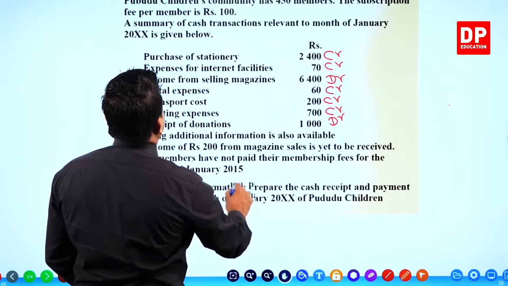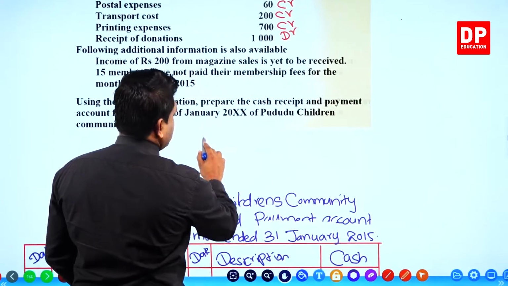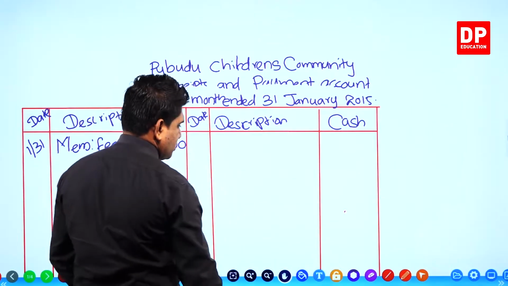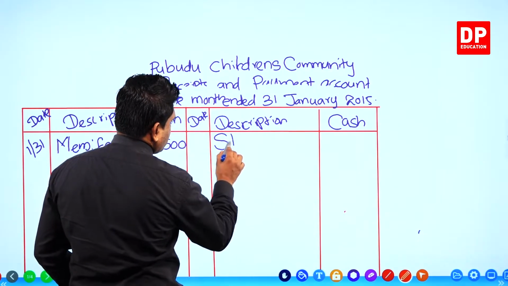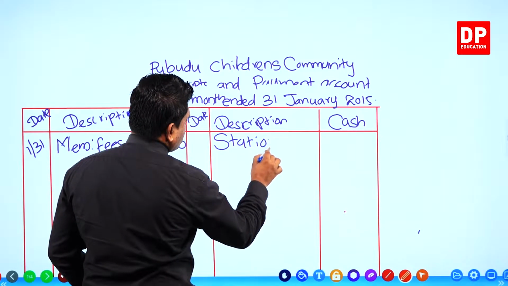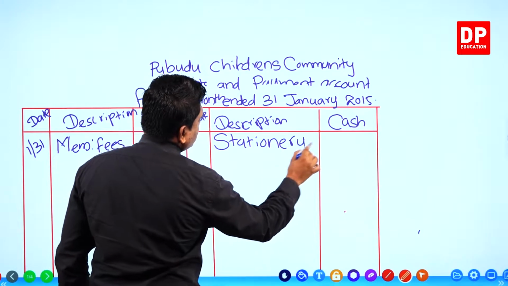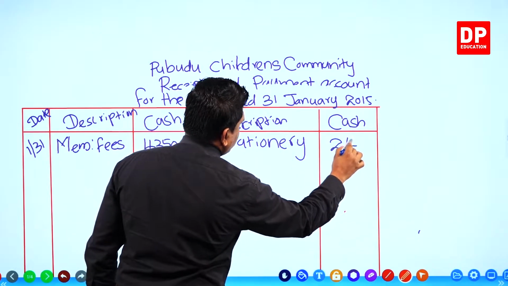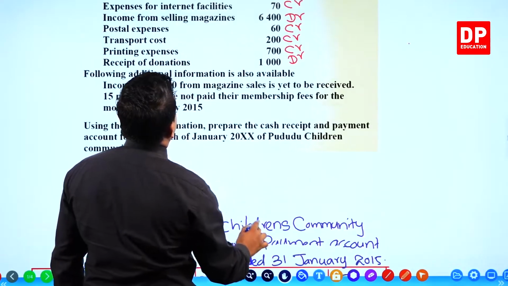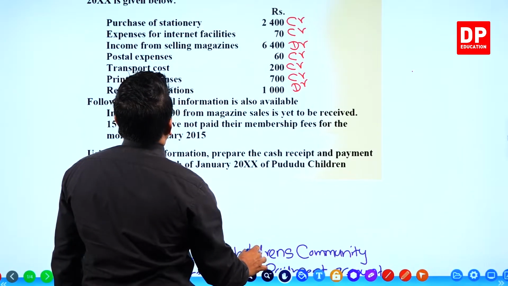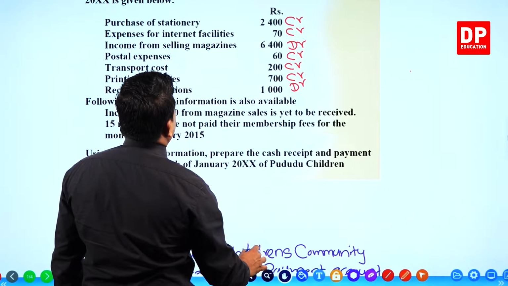After that we pick the details from the receipts and payment. The first one, purchase of stationery. Here you can write it as stationery, 2,400. Next one, expenses for the internet facilities.